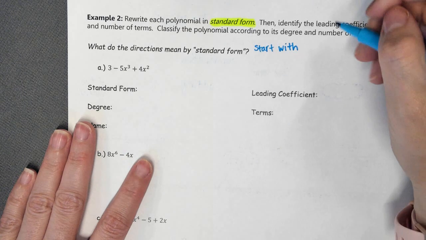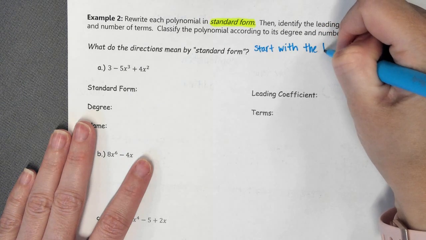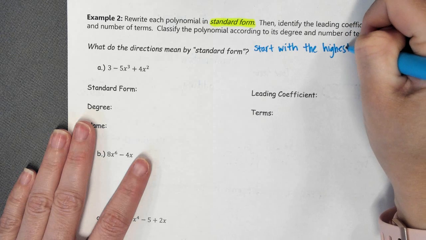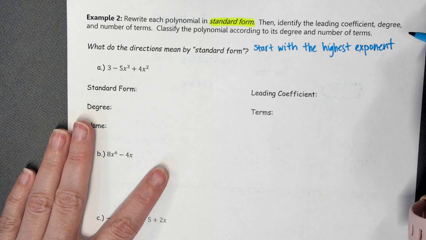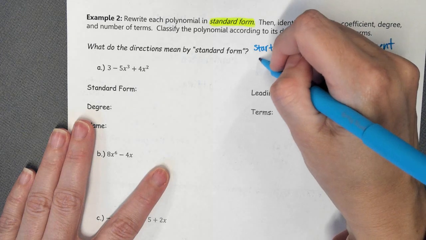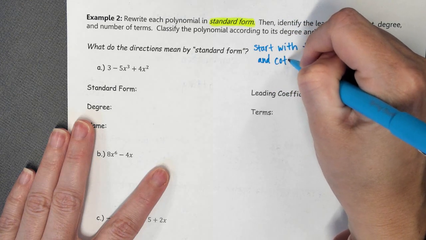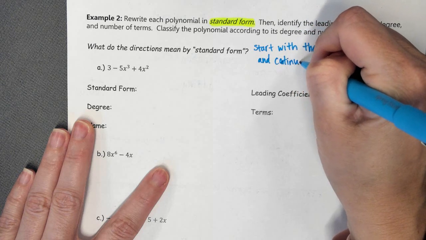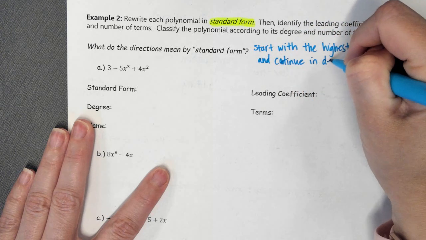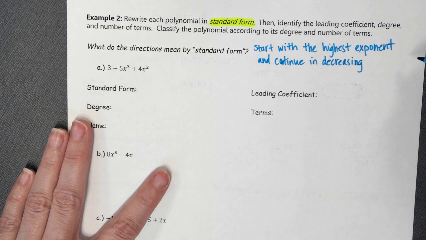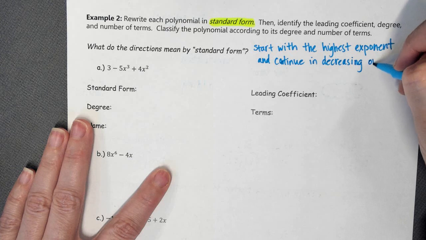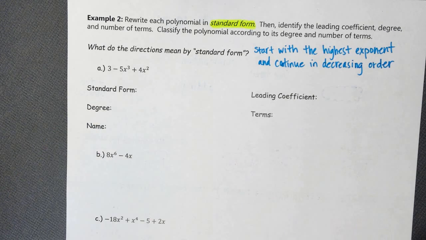Okay, so you start with the highest exponent. And you continue in decreasing order. So you start with the highest one, then you find the next highest and keep going to the lowest. So you start with the highest exponent and then continue in decreasing order.